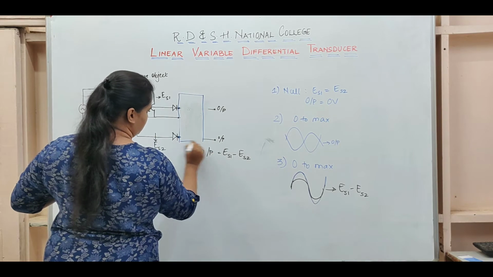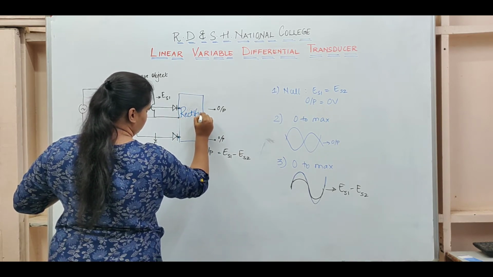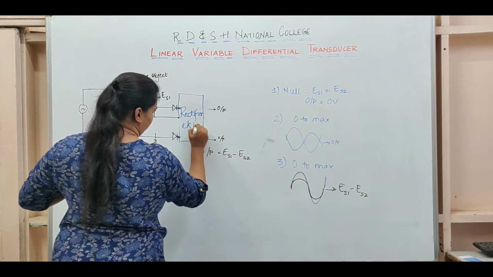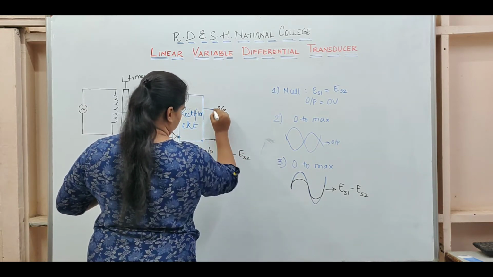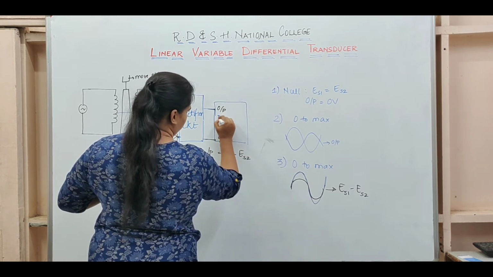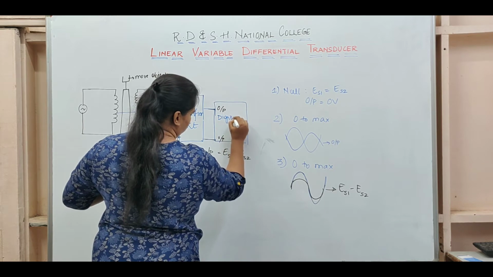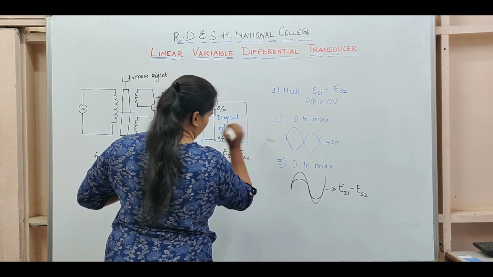a rectifier circuit. So you know what a rectifier does. A rectifier converts AC to DC, and from this rectifier circuit we will have here a digital indicator. This digital indicator will give us the DC output.